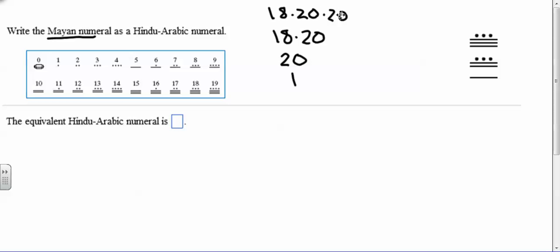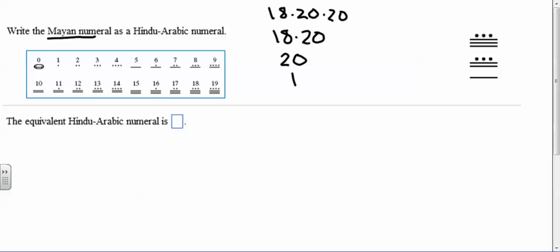There's just that one little hiccup where instead of multiplying 20 by 20, it's 18 by 20 in that third place value up. Some people say that has to do with the Mayan calendar and being closer to the number of days in a year, 360. So those are the place values from the ones on the bottom upward.